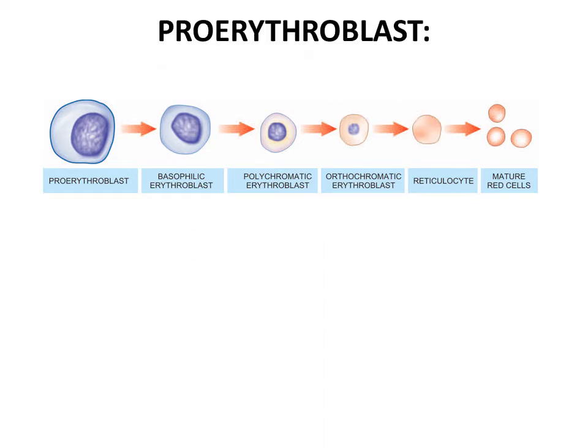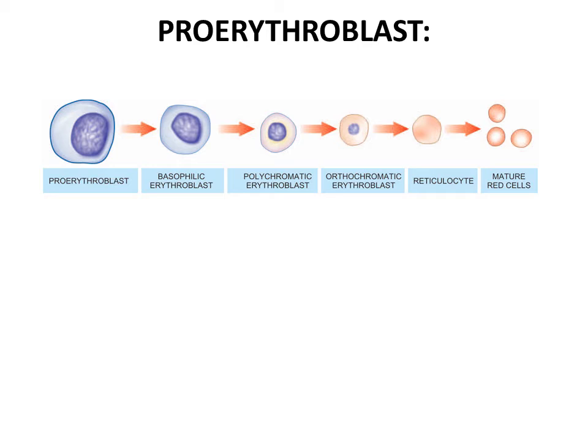In the basophilic erythroblast, the cell is named basophilic erythroblast because of the staining characteristics it has. When stained with a Romanowski stain, the cell absorbs the basic dye and is therefore called basophilic erythroblast.